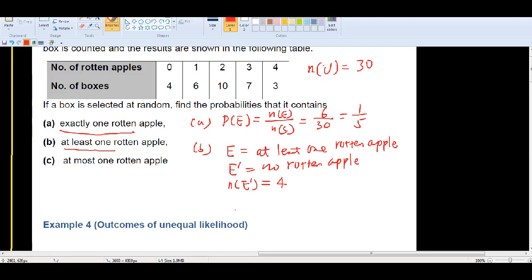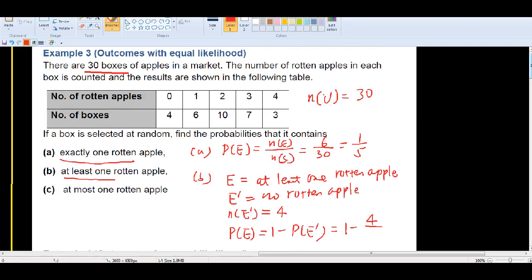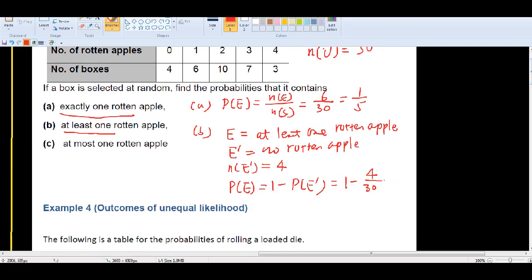So it's much easier to find the complementary events. So P(E) equals, we use that rule, 1 take away the probability of the complementary event of E, so it becomes 1 minus 4 over 30, so it's like 20 over 30.